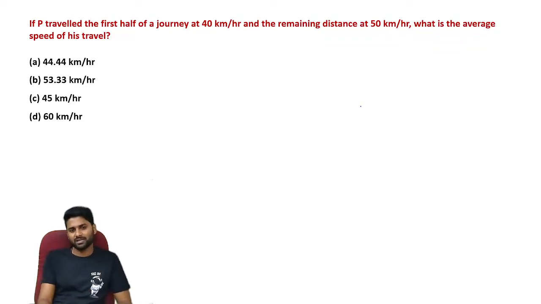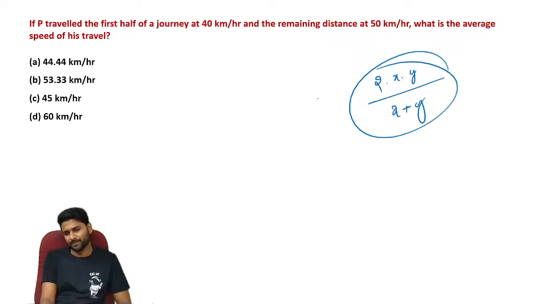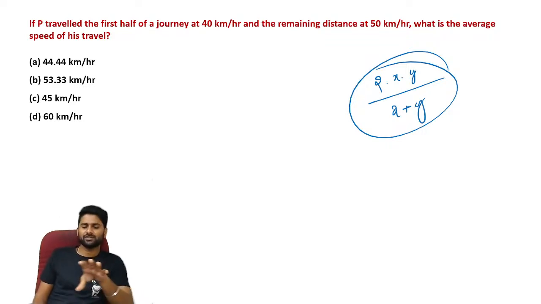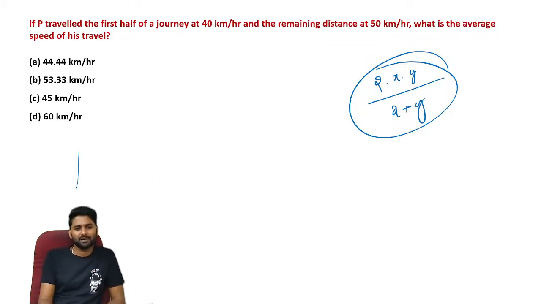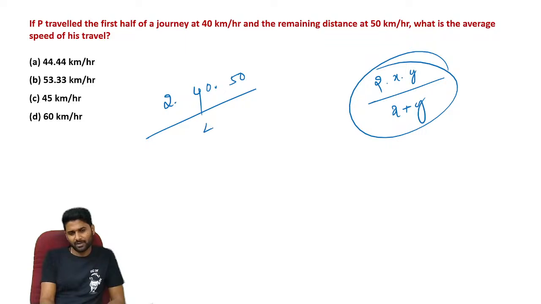Guys, I told you in the last session also, if it is all about the distance covered in different speeds, use this property. Average speed formula is 2xy by x plus y. It's all about half of the distance covered at different speeds. Use this formula directly. 2 into 40 into 50 divided by 40 plus 50.